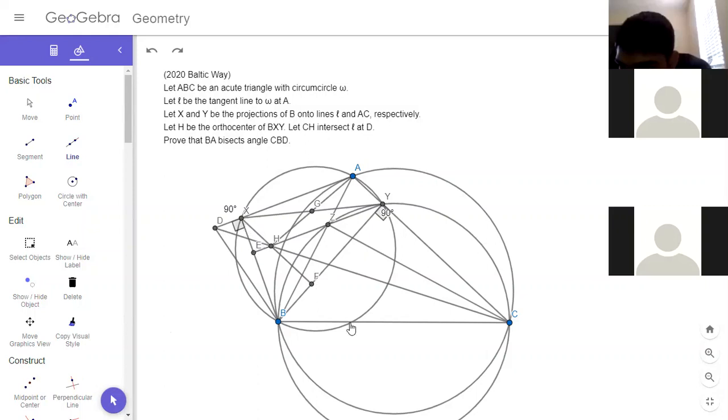XF. Oh yeah. Because XF is parallel to AY, and if you think that XF meets the circle at some point Y or Z, then okay.